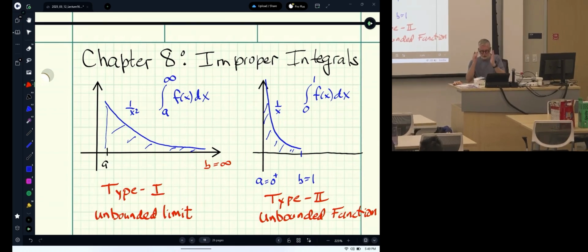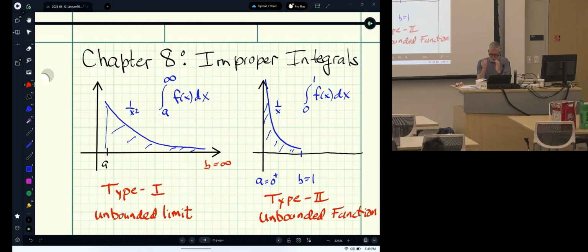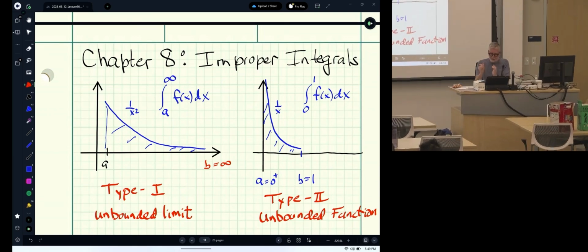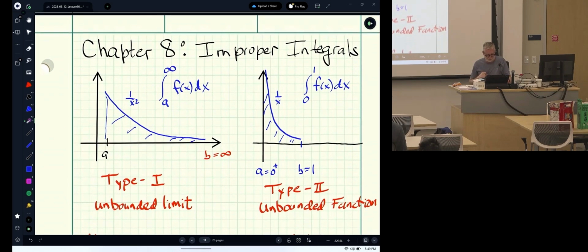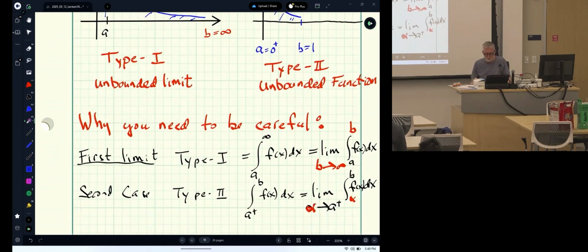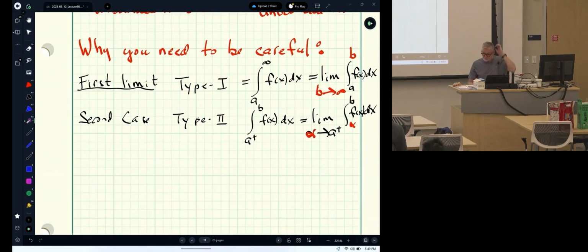We had continuous functions on closed bounded intervals, so the function was bounded. But I can take the limit as this gets closer and closer to whatever asymptote I have and see. And that limit may give something finite, it may give something infinite, or it may not be defined. All those things are possible with improper integrals. So that's the first reason you have to be careful. They involve limits.